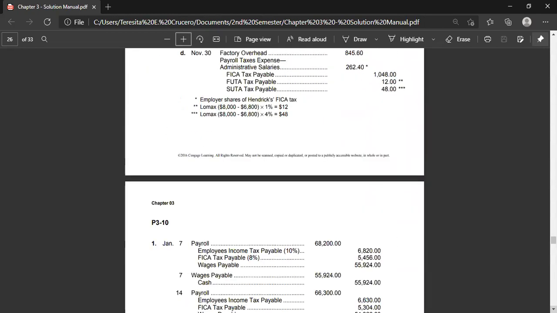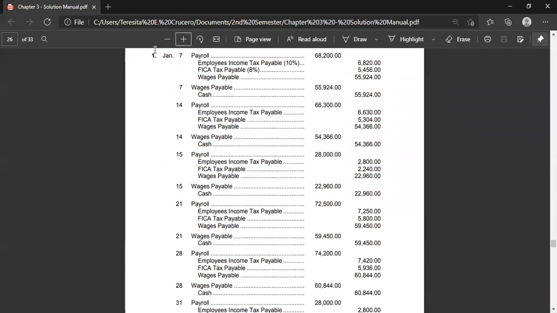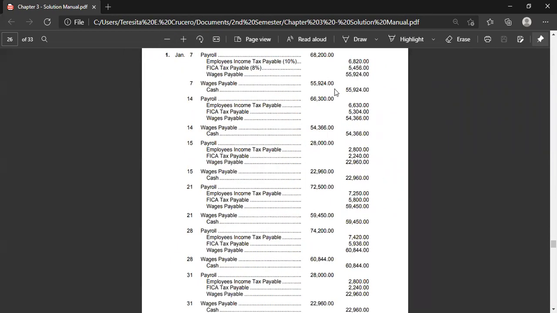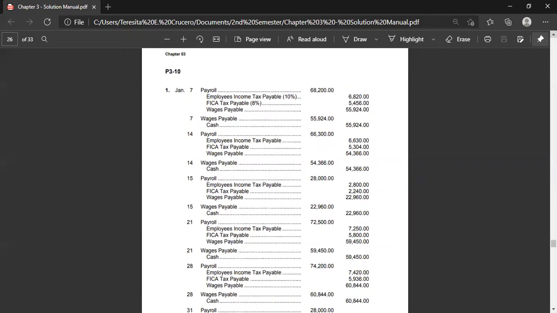So we now begin with requirement number 1 for the journal entries. So we now begin with January 7. That's the requirement to record the foregoing transactions, including the distribution of payroll costs.